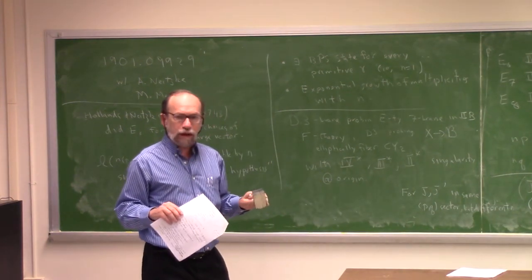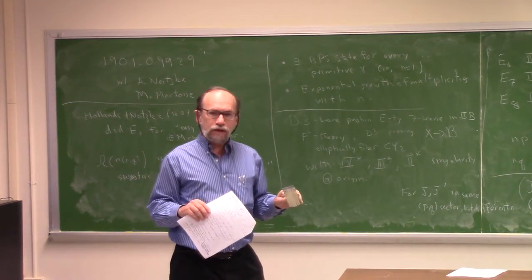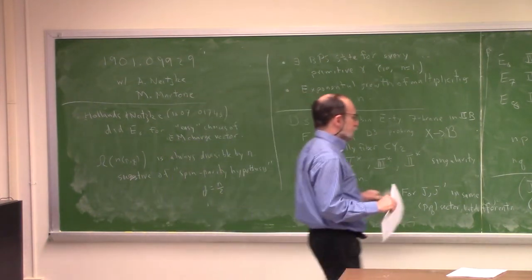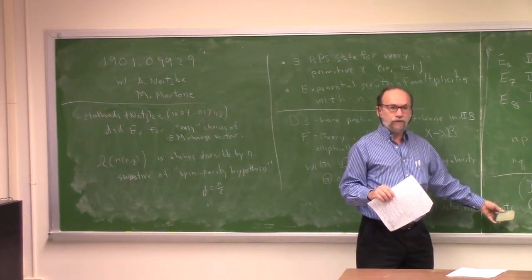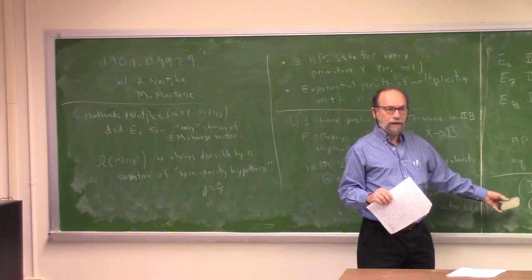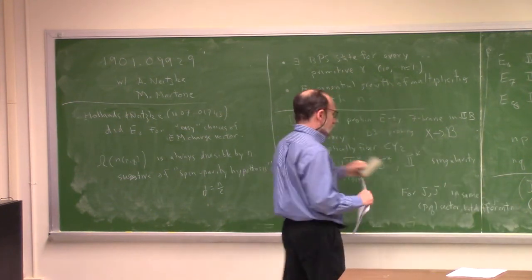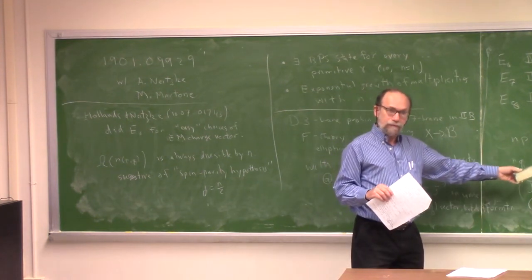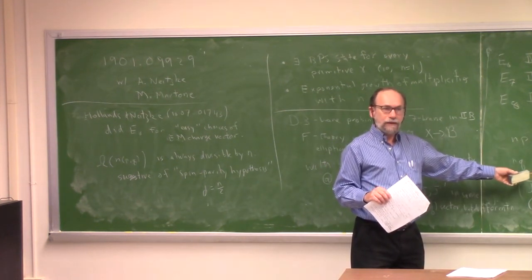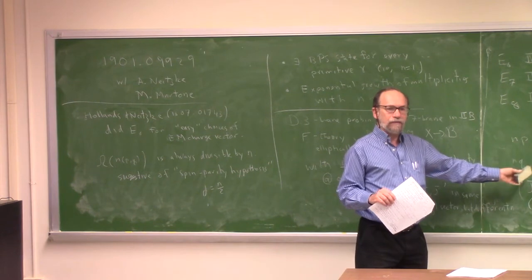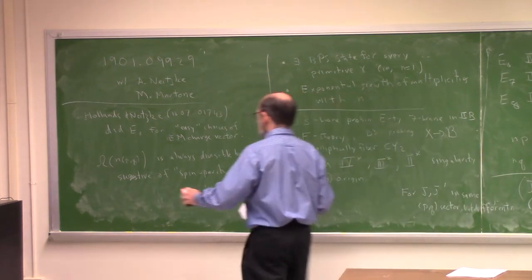But we don't learn about the multiplicity. So this is a sufficient condition to say that there exists at least one spin J multiplet in this charge sector. But we don't have very much information about how many of them there are.